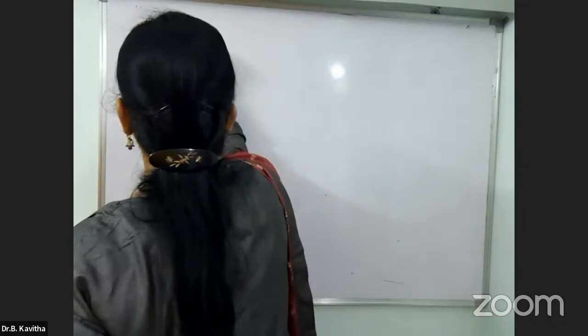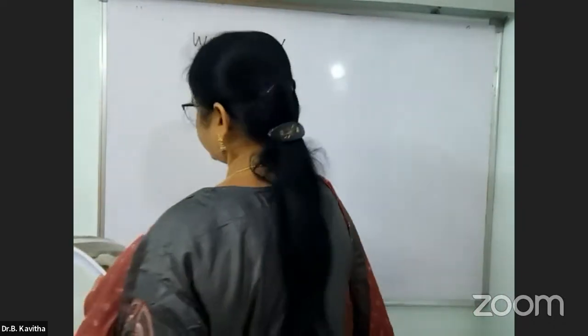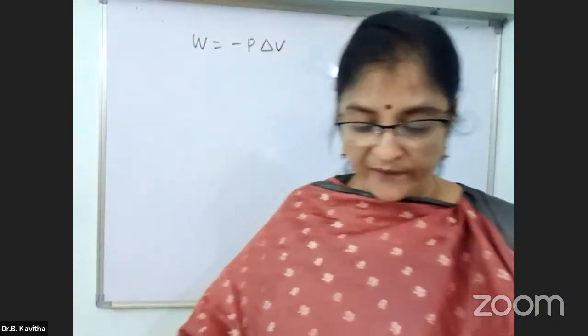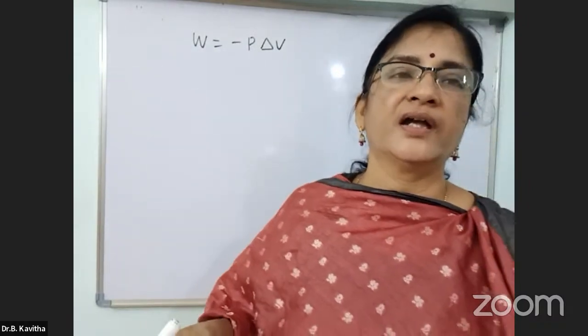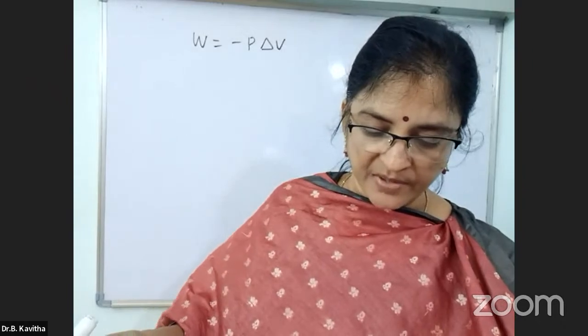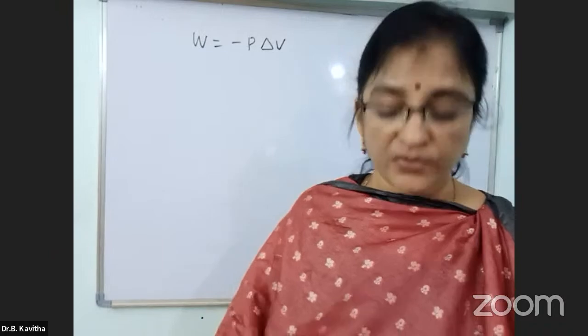Remember that. W is minus P delta V. Sorry, I didn't mention 2.5 liters at 1 atmosphere. Write it down. Calculate the work done.